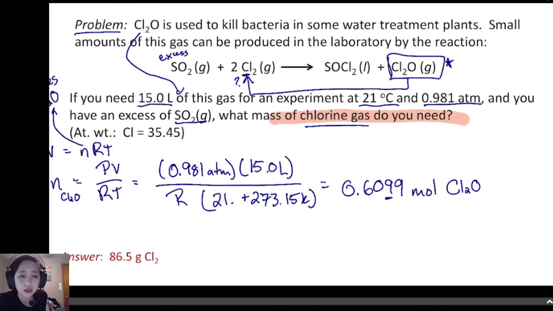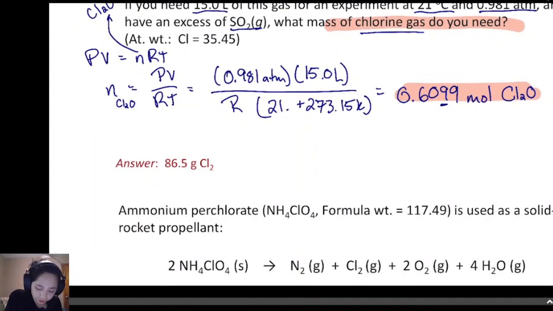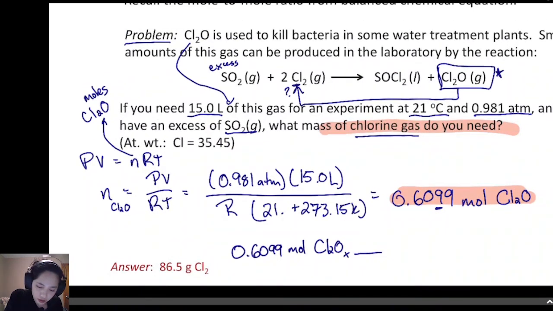Now we can just use regular stoichiometry. We've already done the ideal gas law part. We have the moles of a substance, and it doesn't matter that it's a gas at this point. So let's take 0.6099 moles of Cl2O and look at the stoichiometry.